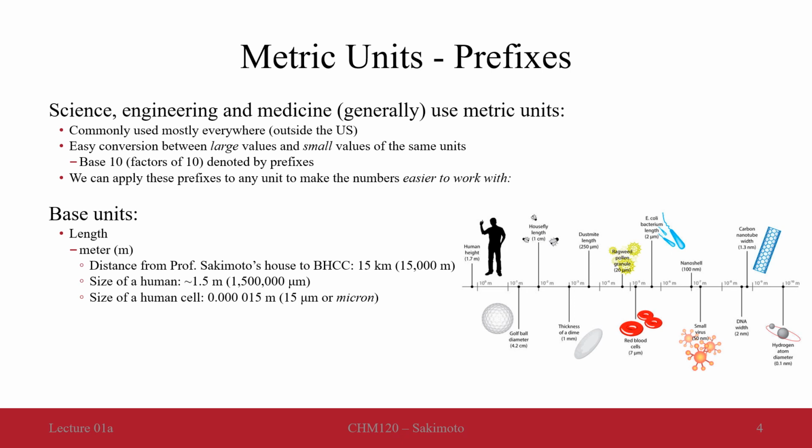You can find charts throughout the internet to give you some reference point for how large or how long or how fast or slow each of these prefixes denote. Again, it's helpful to keep in mind that things on the human scale are generally in the length of meters. Things on the molecular or atomic scale are in the range of micrometers or nanometers, 1/1,000,000th of a meter or 1/1,000,000,000th of a meter.